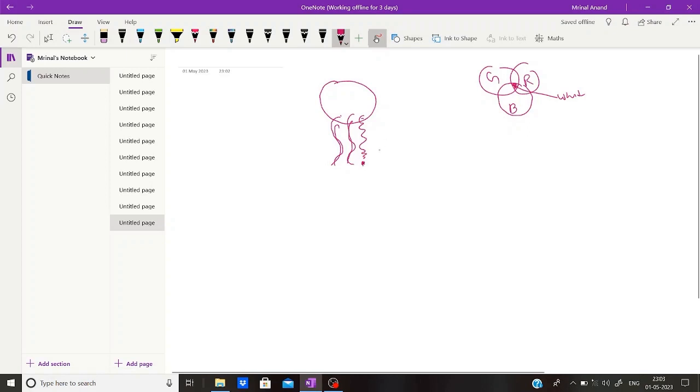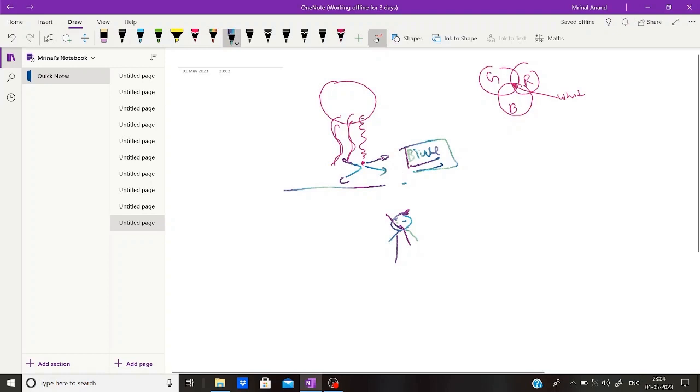So it will scatter in all directions, and the person observing this process will say the sky appears blue. So here the sky appears blue because of Rayleigh scattering.